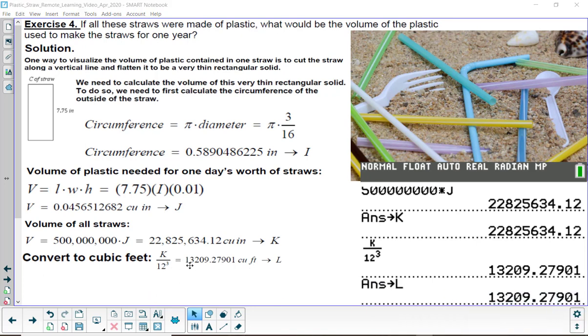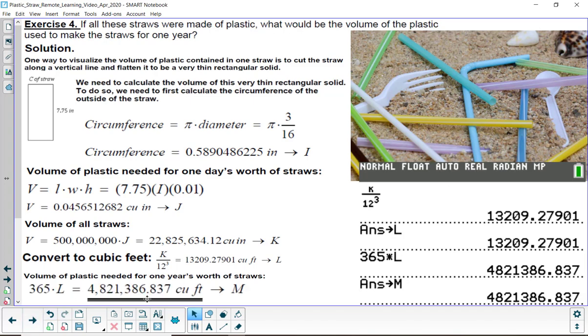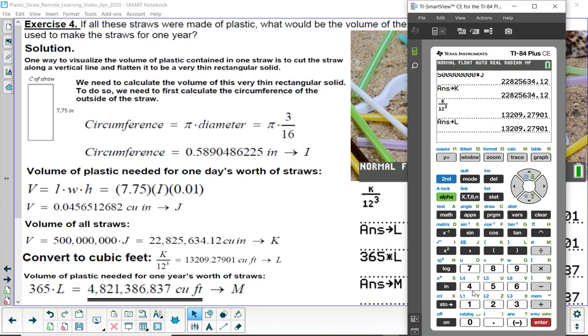This is the number of cubic feet in a day. We need to do this for a year, so we're going to need to multiply that by 365. Wow. So 365 times whatever it is in the letter L, and I'm going to store that into alpha M, which is alpha division.